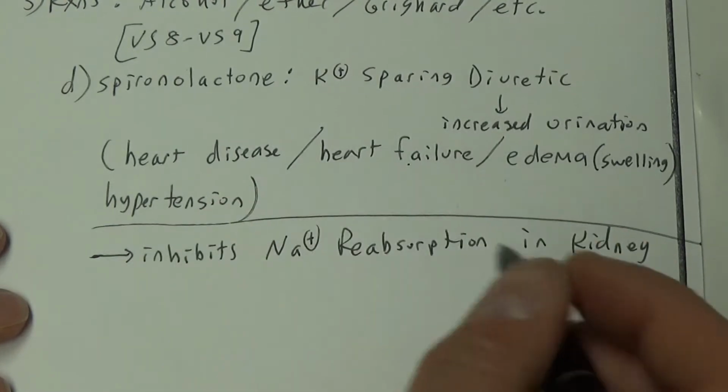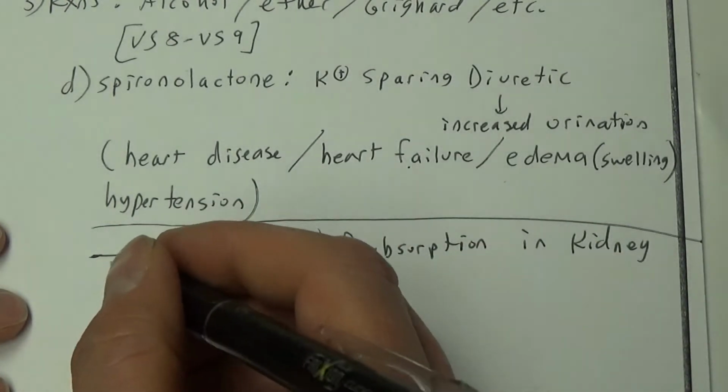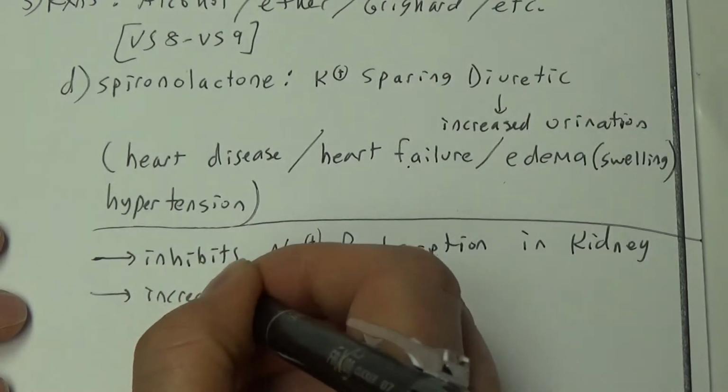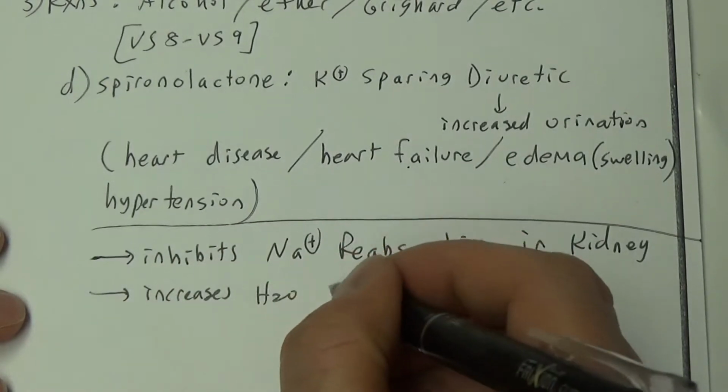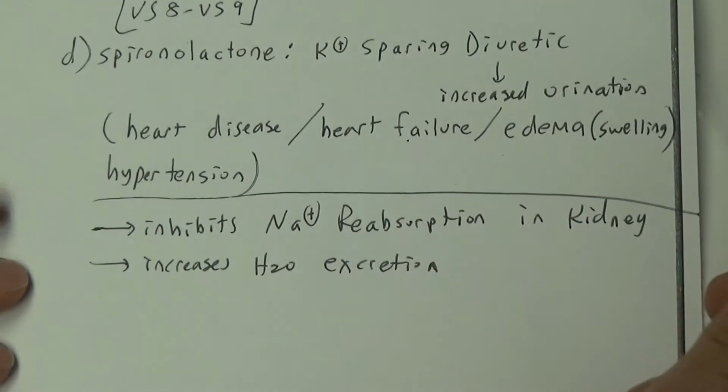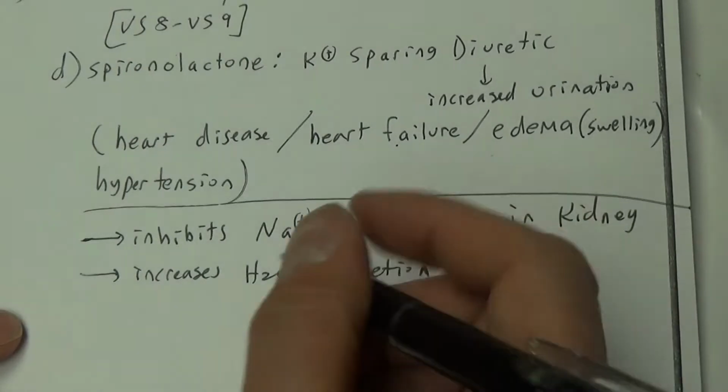So this essentially increases water output, water excretion, and that's what a diuretic does. Okay, so it's one way to do this.